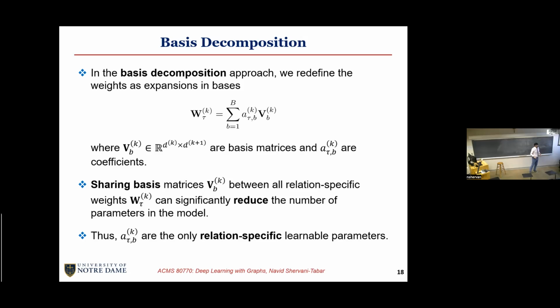So I reduced the number of parameters that I have specific to each relation to a vector of dimension B. So instead of having hundreds of thousands of W's, I have hundreds of thousands of 100-dimensional vectors, not even d by d, right? And 100 is just an example, it can be lower than that. Just anything that gives a good performance.